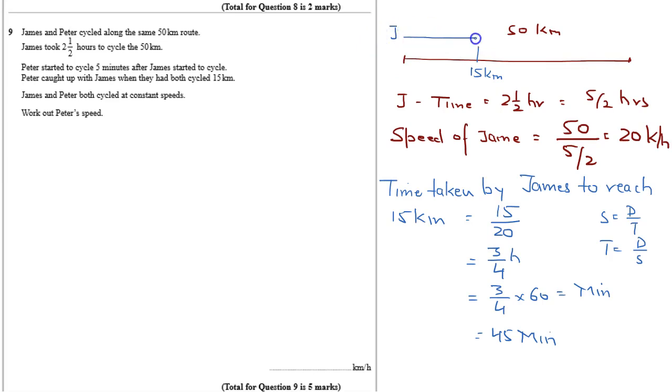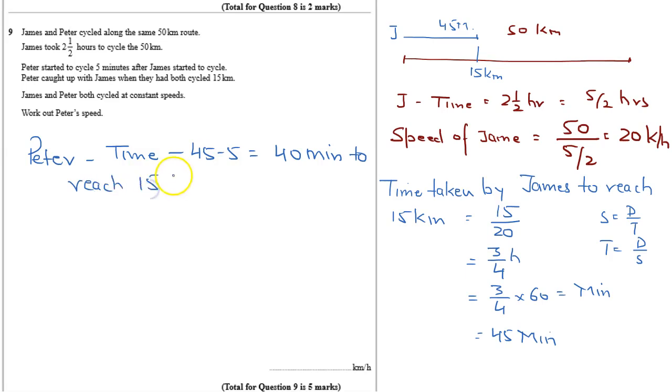So James is taking 45 minutes to reach here. Now we talk about Peter. He started 5 minutes after, so he's taking 45 minus 5 is equal to 40 minutes to reach 15 kilometer.